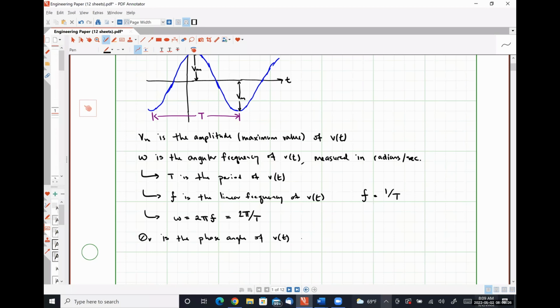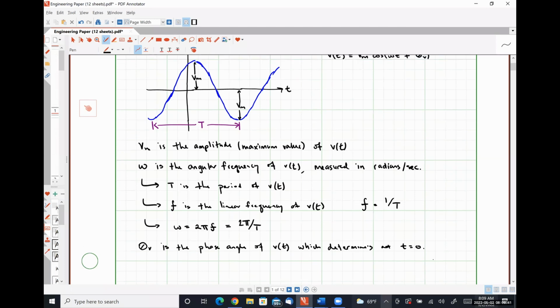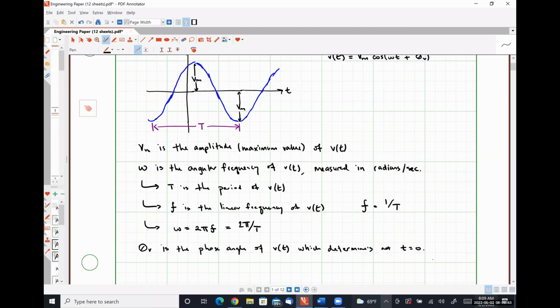And essentially what it does is it determines the function's value at t is equal to 0, right? So for a standard cosine function, what should its value be at t is equal to 0? So if there were no phase angle whatsoever, 1. So what this phase angle does is it sets the value at t is equal to 0 to something that isn't 1, or I guess 1 would represent a phase angle of 0.